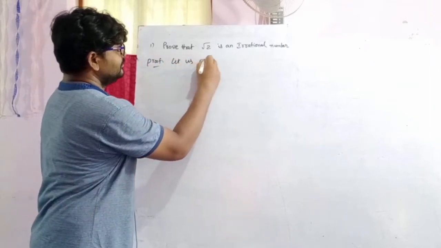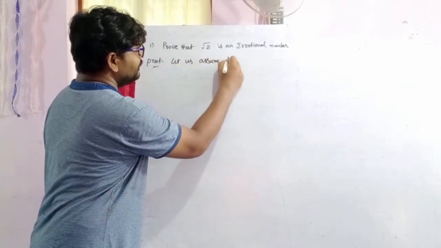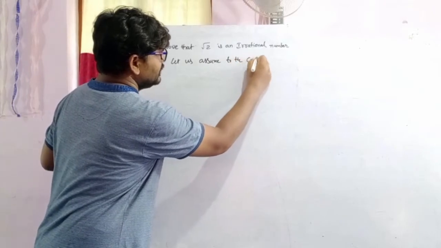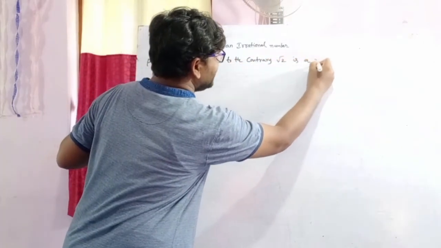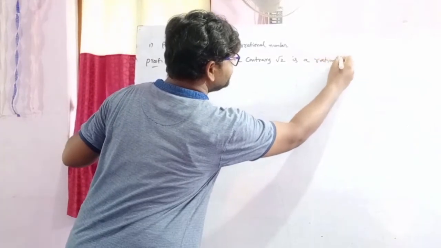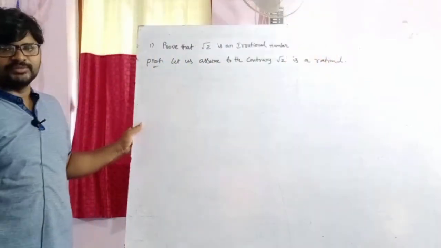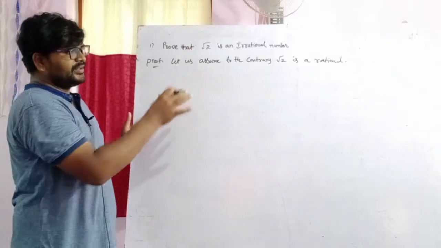Let us assume to the contrary, root 2 is a rational.